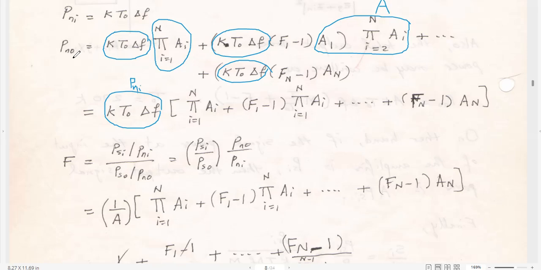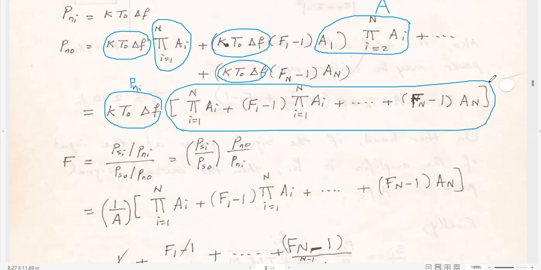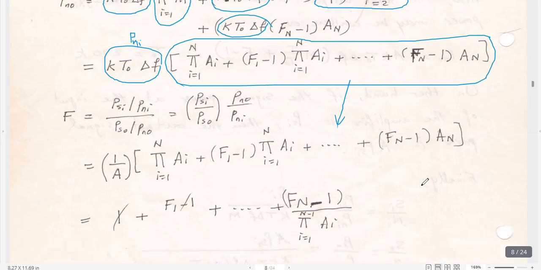So PNO over PNI is equal to this expression. We take this expression to here: the product of Ai, plus F1 minus 1 times the product of Ai from 1 to N, and the last one is FN minus 1 times AN.